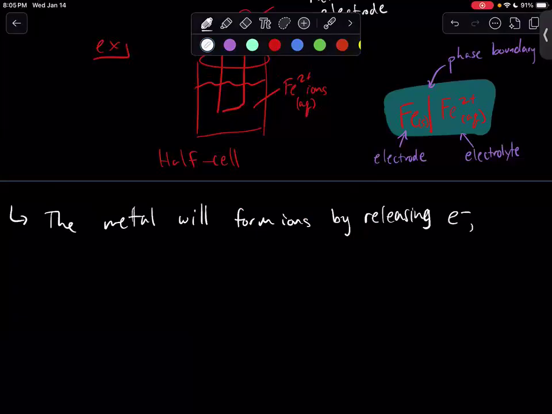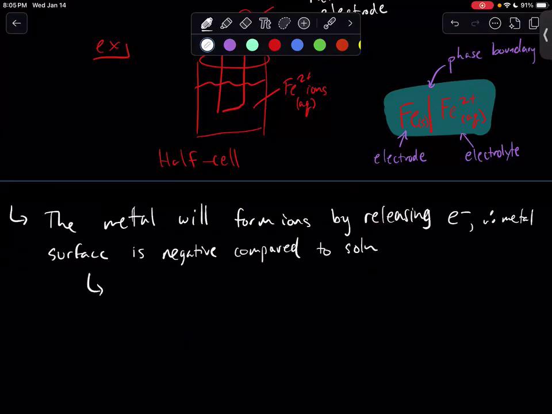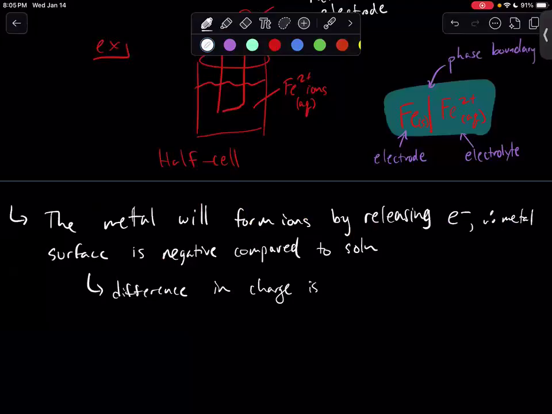But because it's releasing electrons, we can say therefore the metal surface is negative compared to the solution. The difference in charge between the metal and its solution is what we refer to as the electrode potential.